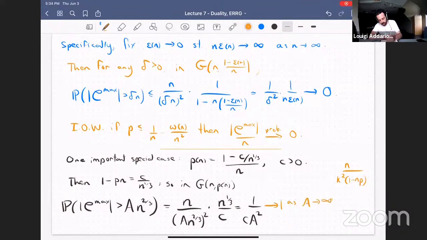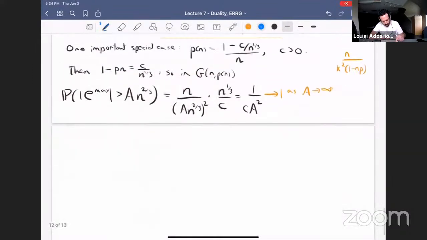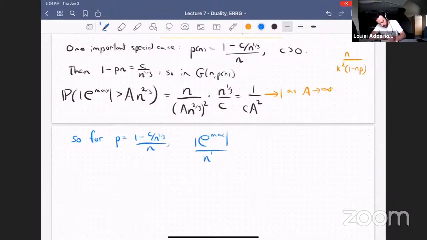And that bound tends to 0 as a tends to infinity. And so that tells us that for p equal to 1 minus c over n to the third, divided by n, the size of the largest component is at most of order n to the 2/3.